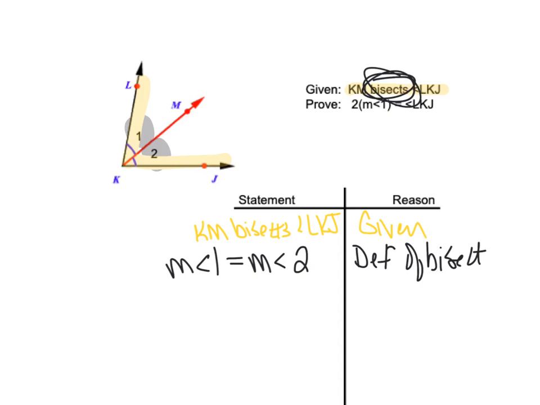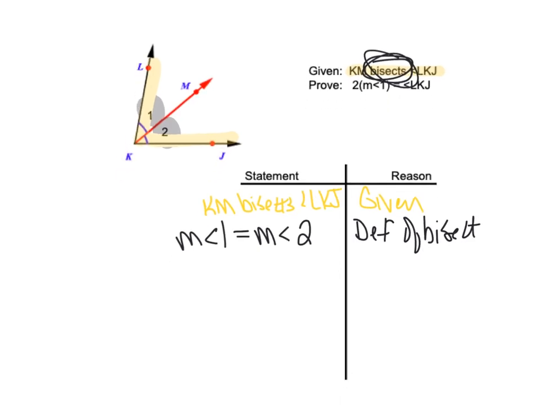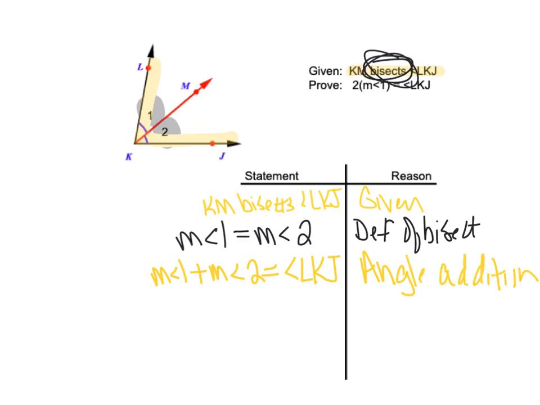We can write that as an equation: the measure of angle 1 plus the measure of angle 2 equals the whole angle, which is LKJ. That's just angle addition, taking the two parts of a big angle and adding them together.